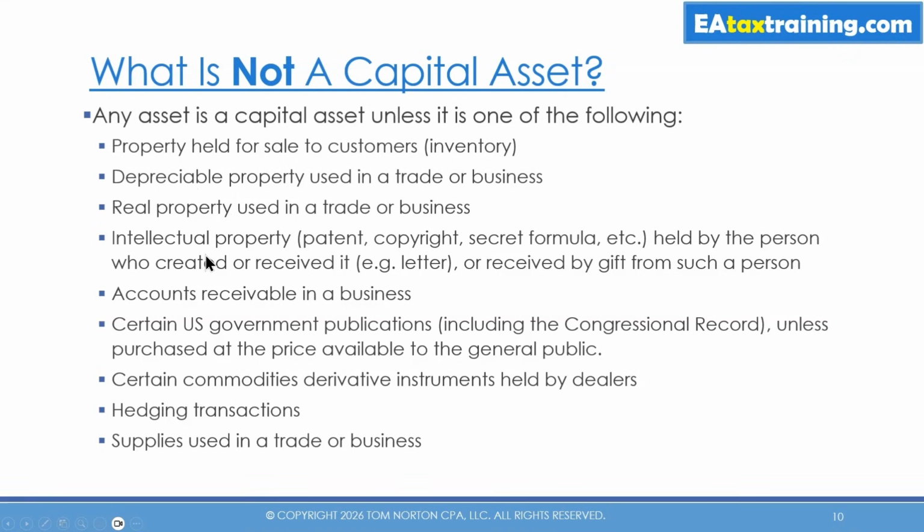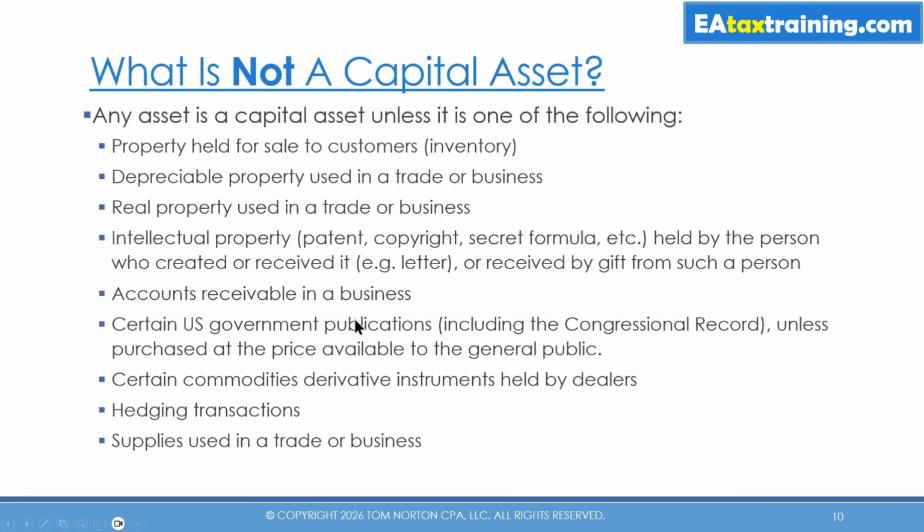Next, intellectual property, such as patents, copyrights, secret formulas that are held by the person who created them or who received it as a gift from that person, are not capital assets. So if you are an inventor and you have a patent that you created, that is not a capital asset in your hands. If you sell it to someone else, they buy it, it would be a capital asset for them, but it is not for you.